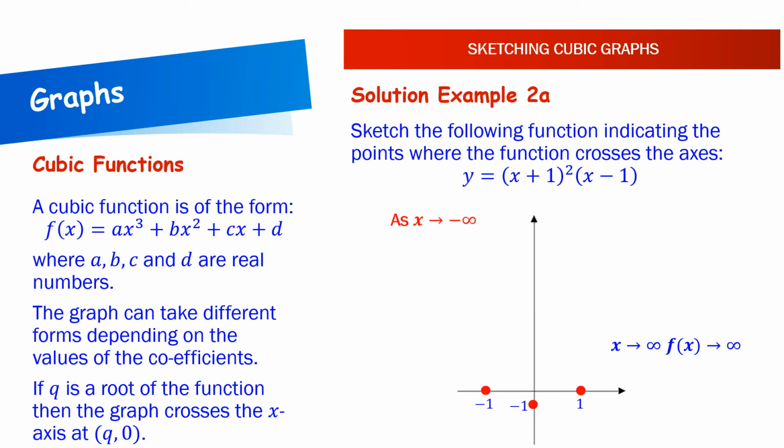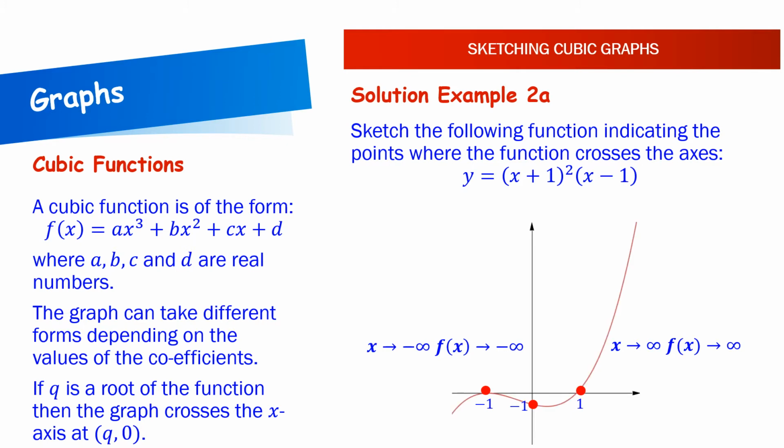As x tends to minus infinity, (x plus 1) all squared tends to infinity, and x minus 1 tends to minus infinity. So when we multiply a positive number by a negative number, we obtain a negative number, and therefore f of x tends to minus infinity. So when we sketch the graph incorporating these points, it should look something like this.